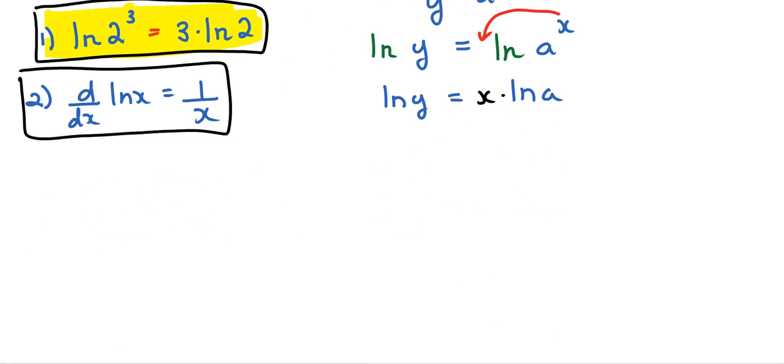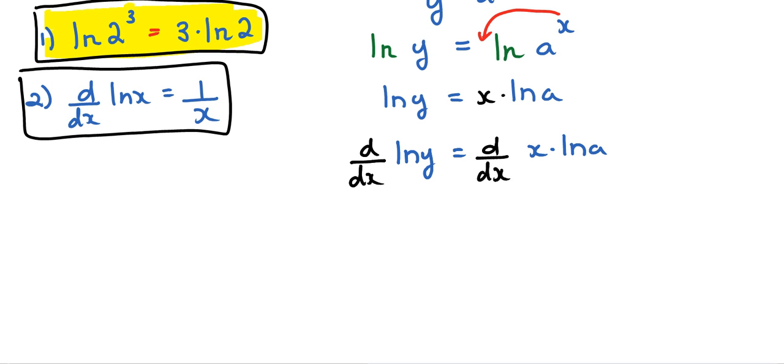Okay, so now that I've done that, what I can do next is take the derivative of each side. This is the notation that I'll be using: I'm taking the derivative of ln y equals the derivative of the right-hand side, x times ln a.